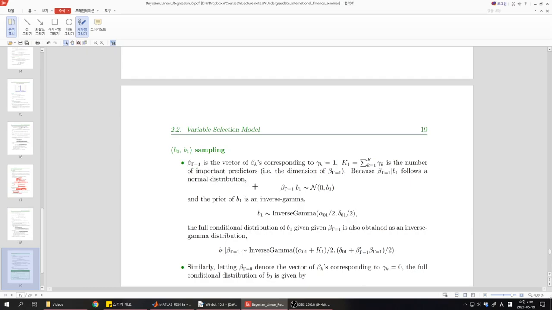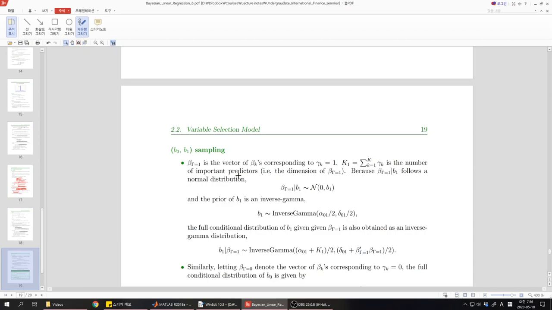Again, gamma is given, right? Gamma k's are given. So some gamma k's are 1 and some gamma k's are 0. So given gammas, we can take out the beta coefficients with gamma k equals 1.